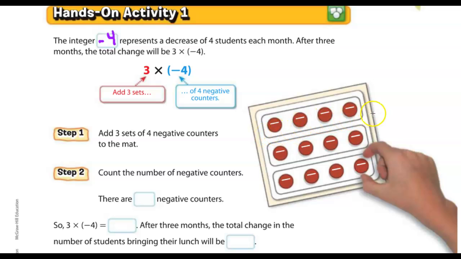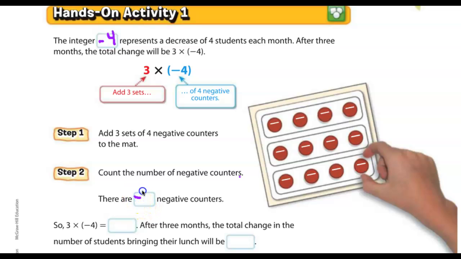If you come down here, we're going to see 3 groups of 4 negative counters each. So if we add 3 sets of 4 negative counters to the mat, we're going to count the total number of negative counters. 4 plus 4 is 8 plus 4 is what? Go ahead and answer that question. How many negative counters are there? That's correct.